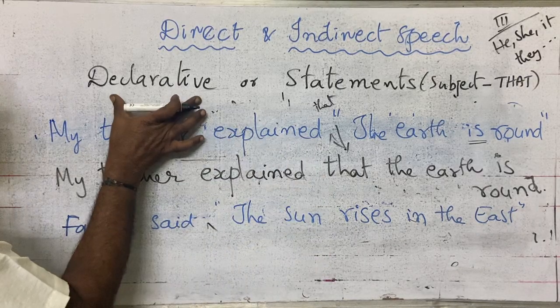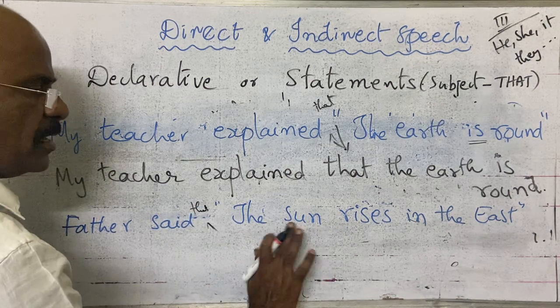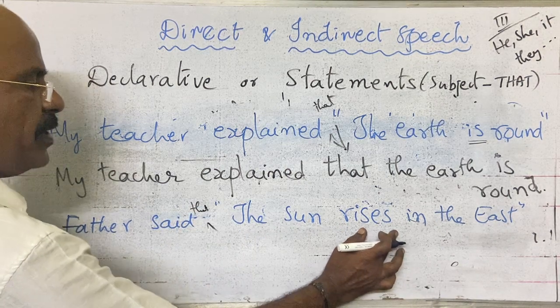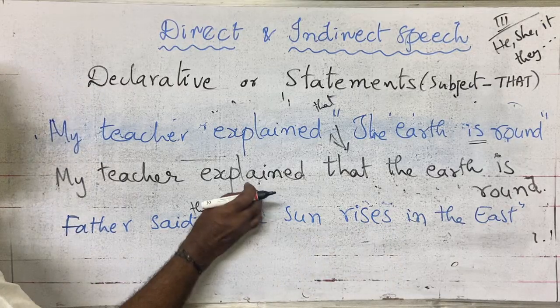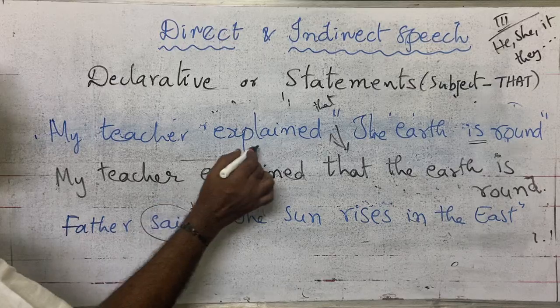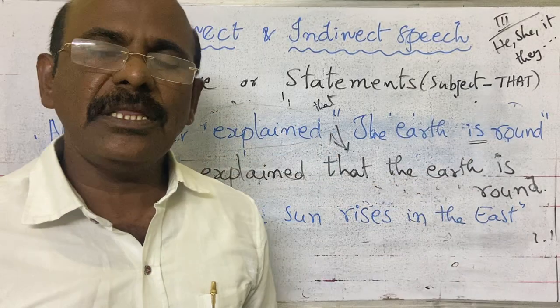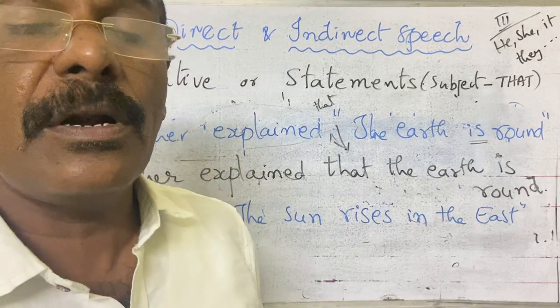This is a declarative sentence, so that's why "that" is coming here. The sun is third person, not changing. Rises is also present tense, though the reported verb "said" is past tense. Here also, as explained, we are not changing this verb, because these are universal truths.